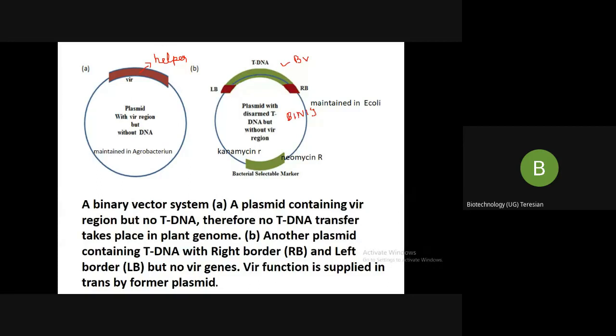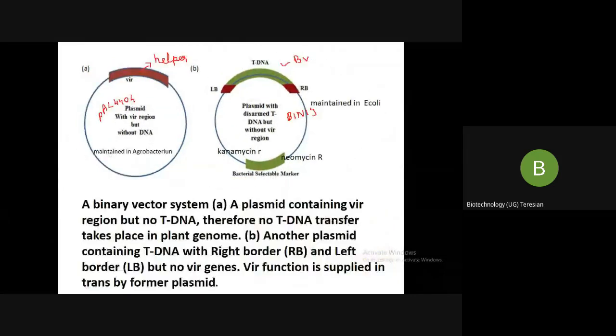And another example for your helper plasmid is PAL4404. This is all genetically modified by your scientists in the laboratory.